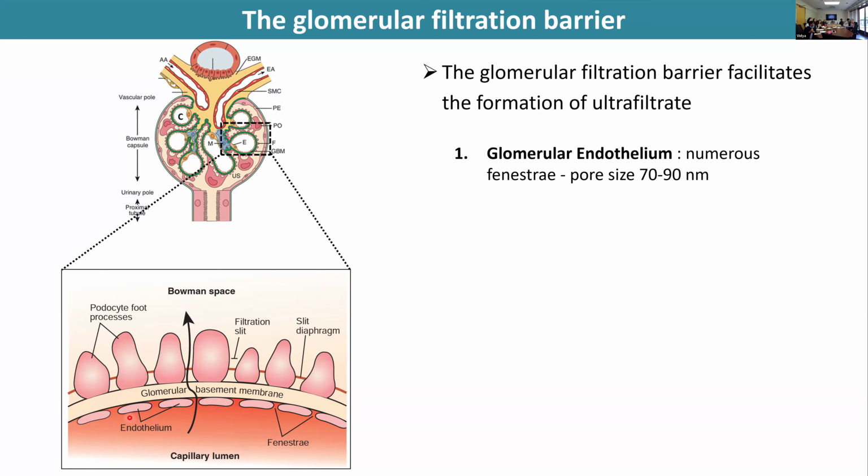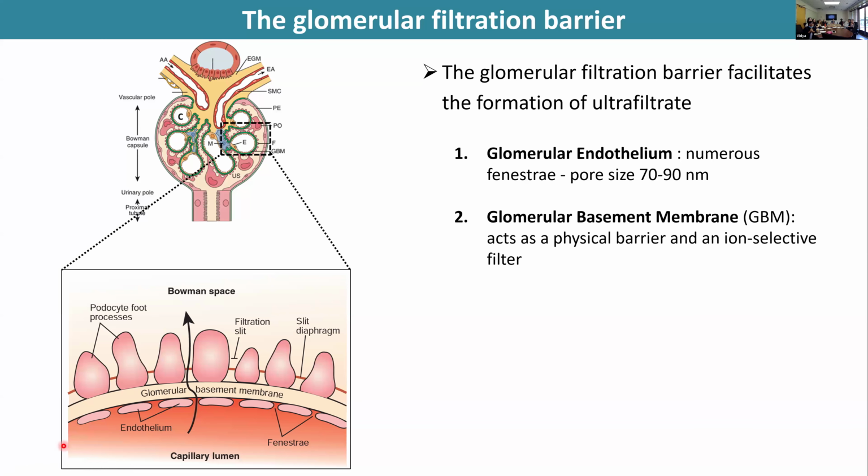First we have the endothelium, and this endothelium is fenestrated. So it's not continuous, it has gaps. Importantly, the pore size is 70 to 90 nanometers, and this enables size selective filtration.